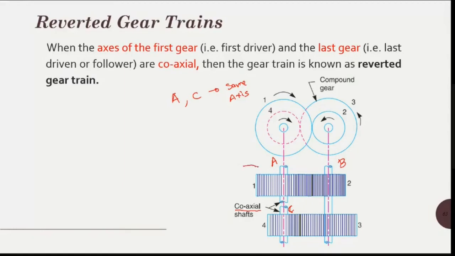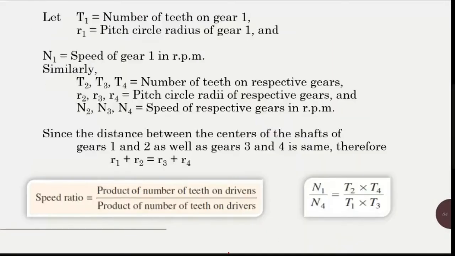I give the input here and take the output from the shaft on the same axis. That we call a reverted gear train. The purpose of this is to reduce space, so we use this particular type of gears. So what is the difference?